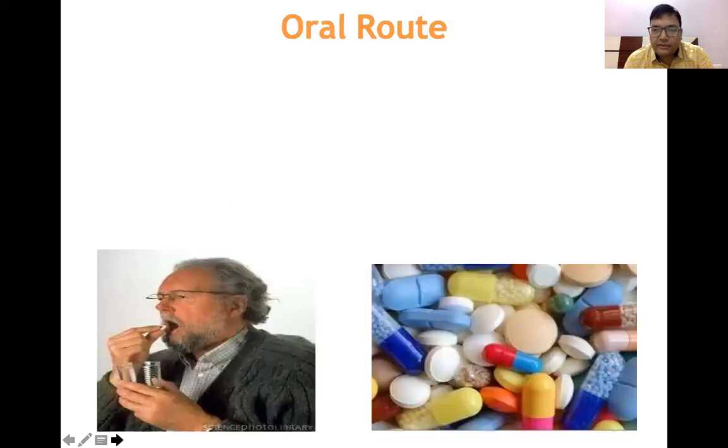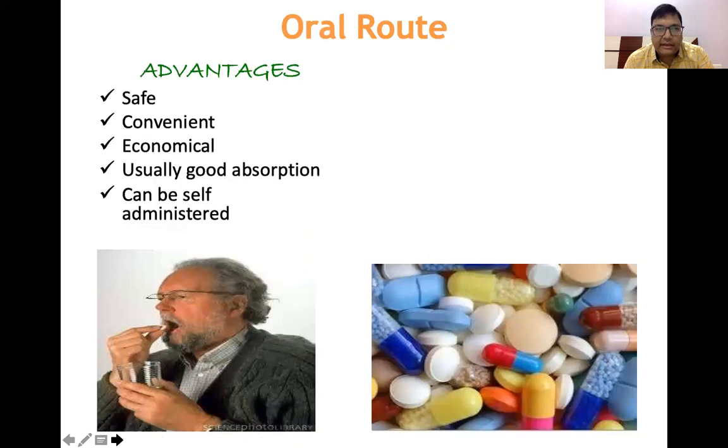So coming to the oral route, there are certain advantages of the oral route. We take tablets and the powders with the help of water. So the advantages of the oral route is it is very safe, easy to administer.